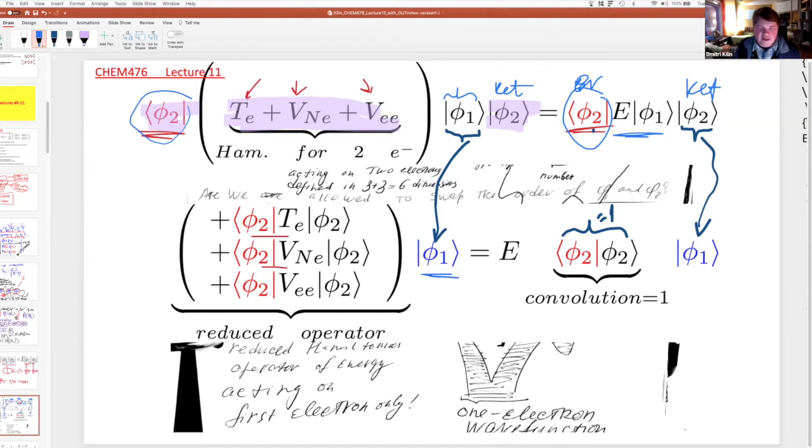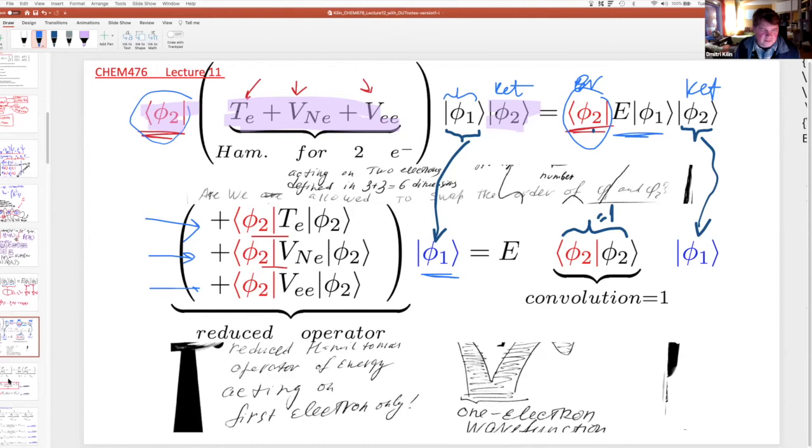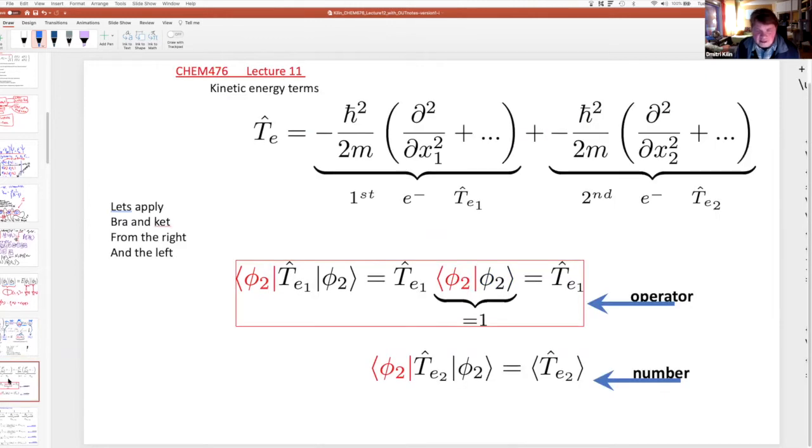So in the next slides, I'm going to quickly address these 3 terms and then combine them back. The first is the expectation value of kinetic energy, then the expectation value of electron to nuclear interaction, and the partial expectation value of electron-electron interaction. So for kinetic energy, it consists of the kinetic energy operator for the first electron and the second electron.